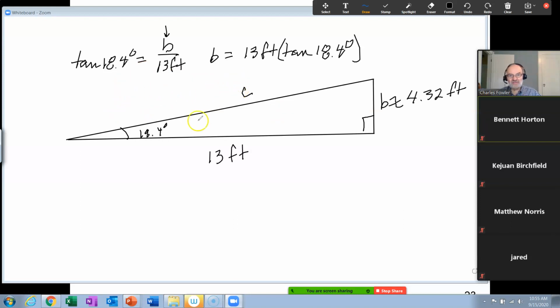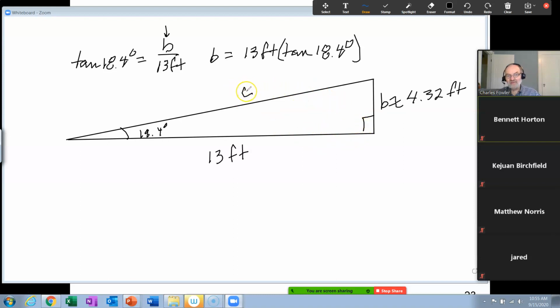How do you get C? And again, you ask yourself, what trig function relates this angle, that side, and this side of the right triangle? Assuming that is a right triangle. What is this side called? The side opposite the right angle.